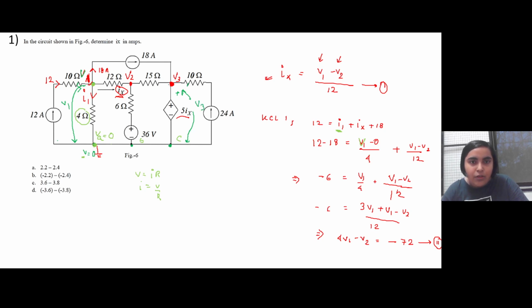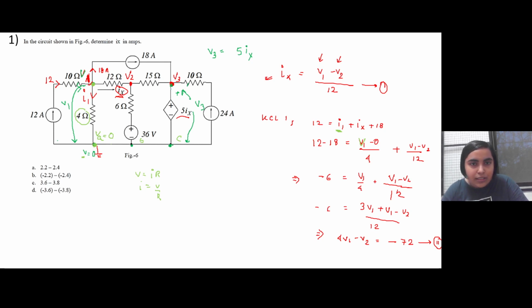Now in this branch there is no resistance connected, but a dependent voltage source is connected. So this V3 itself will be this 5ix. Why? Because there is no other element connected between node 3 and the reference node. So V3 will be equal to 5ix.